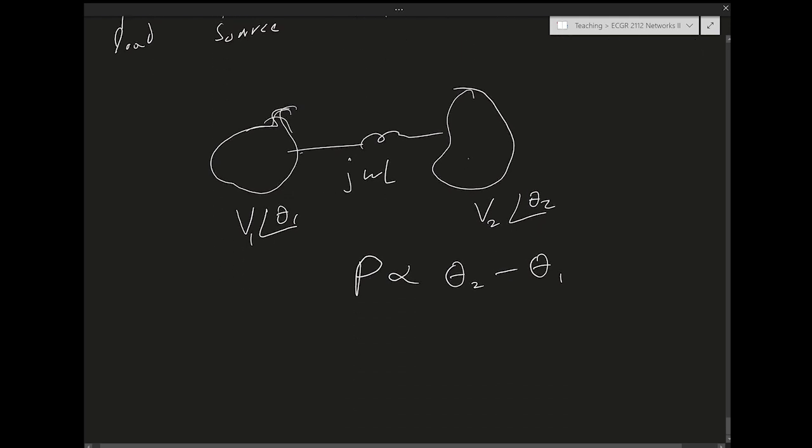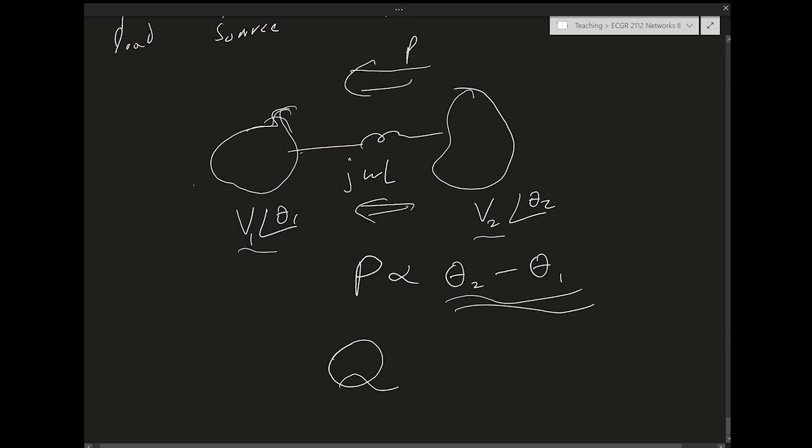The power flow between those two systems is always going to be proportional to the difference in the angle. It's not going to be dependent on the difference of the magnitude. It turns out that the Q flow, so this is P, the reactive power flow between the two systems is going to be proportional to the difference between the two magnitudes of the voltage.